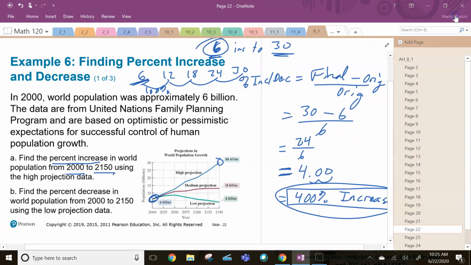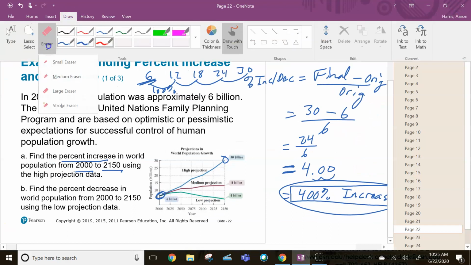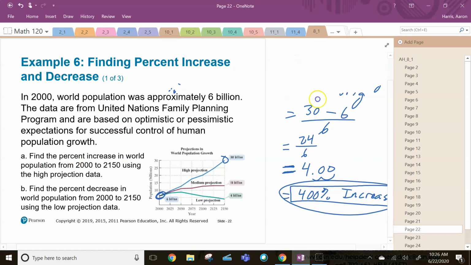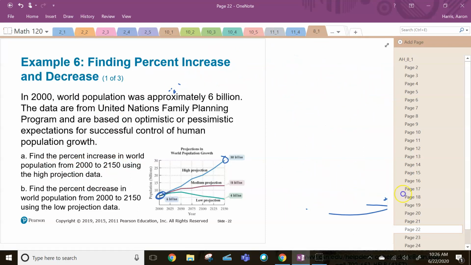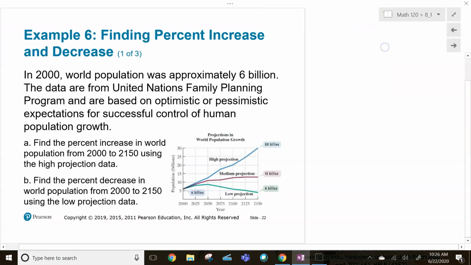Okay. All right, let's do, I gotta erase this, and let's do part B now. Find the percent decrease in world population from 2000 to 2150.